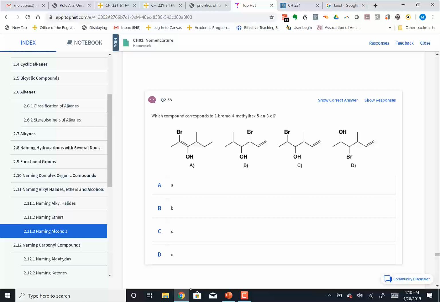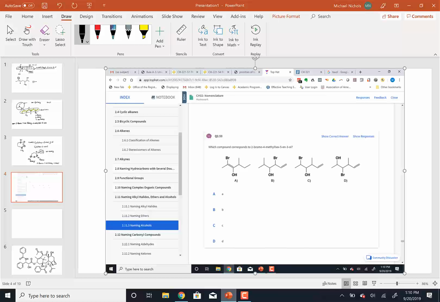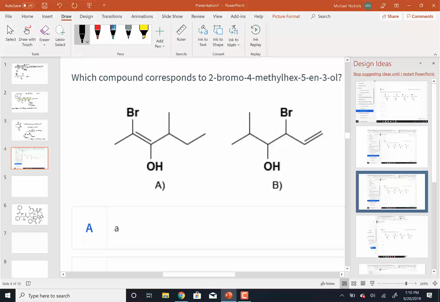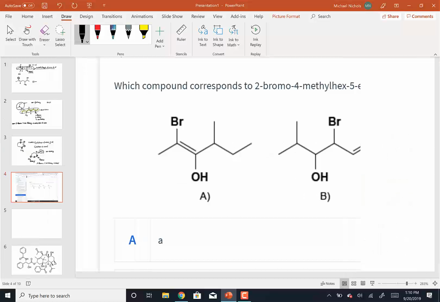But let's do this. Let's copy that and try and paste it. Blow it up. And let's go through naming the first one, just naming it. And I noticed they did not put E and Z in here, which is good because we're still holding off on E and Z.